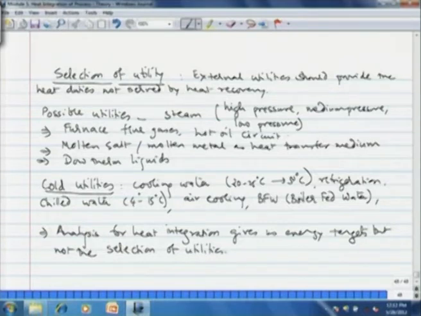So the grand composite curve is a means for this. Grand composite curve is a more appropriate tool for understanding the interfacing between process and utility system.